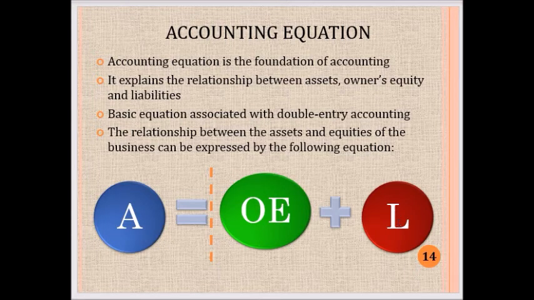So if this is a 1, the other side has to be a 1 also. So if this side is 0, this also has to be 0. Okay, you have to maintain the balance.